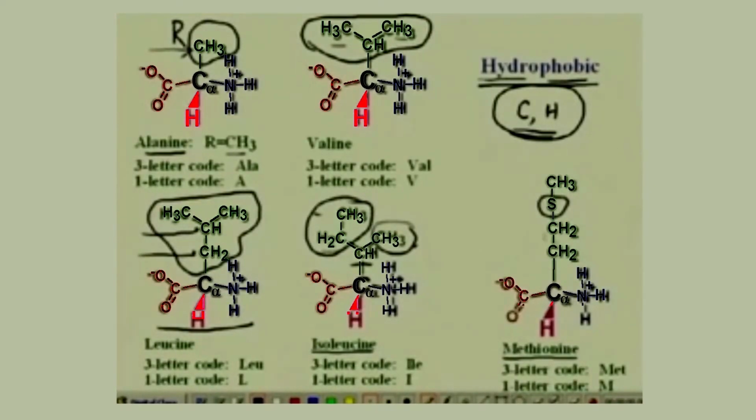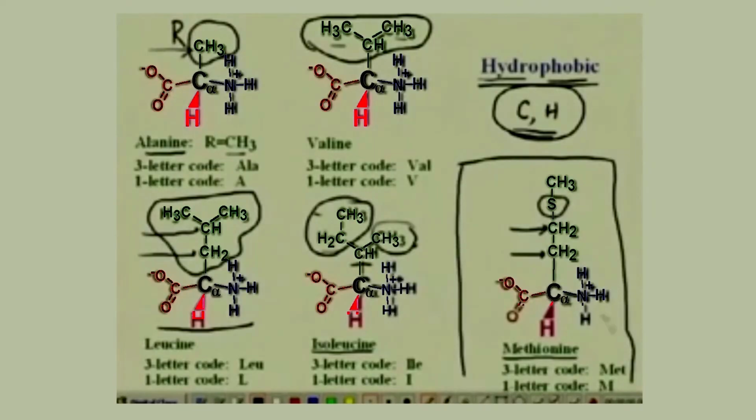So, we have the C alpha, we have a C beta, a C gamma, and to the C gamma is attached this sulfur atom, and then we have a methyl group attached to the sulfur. Methionine, along with another amino acid which we will consider in a moment, cysteine, are the two sulfur containing amino acids, and they could be grouped together in a group of their own, or they could be considered in this group as well.